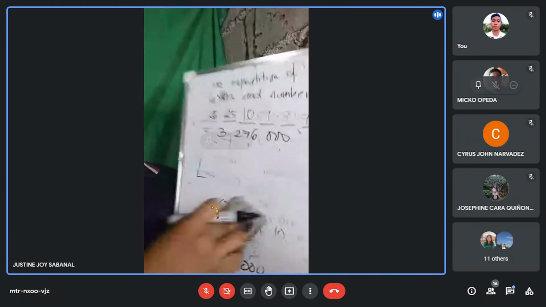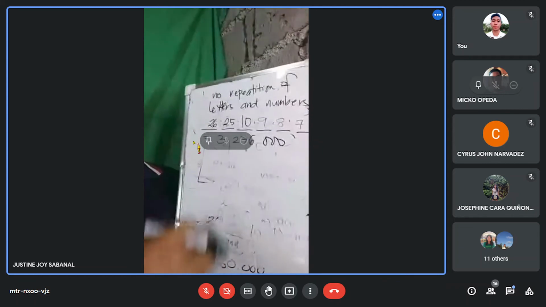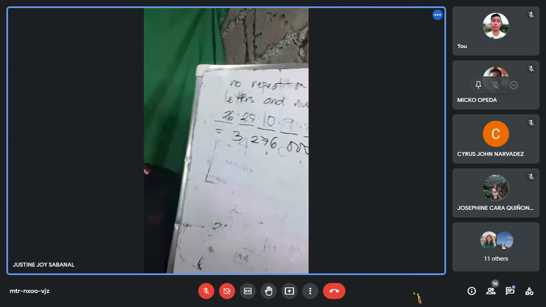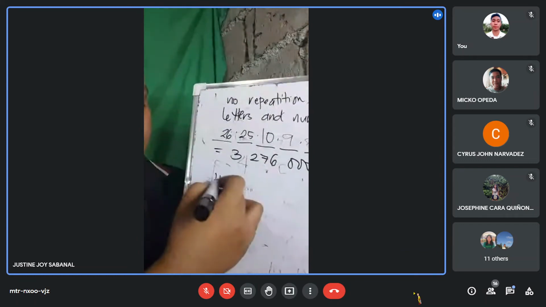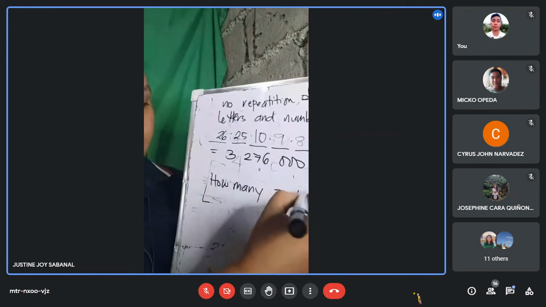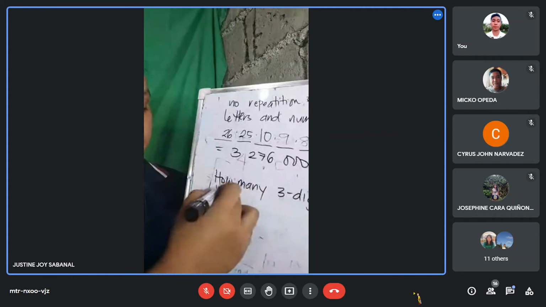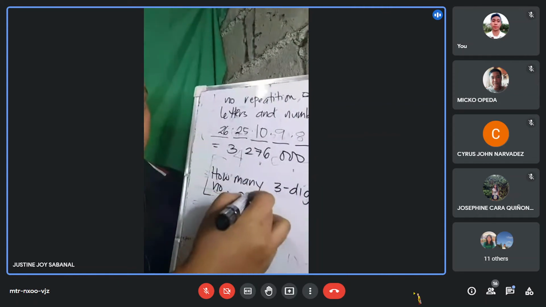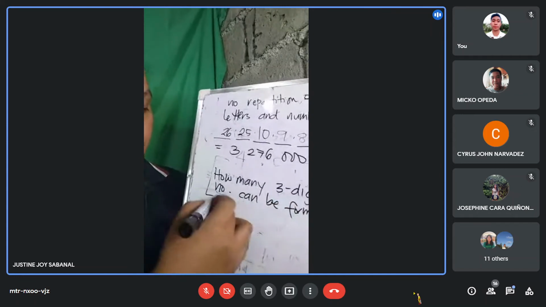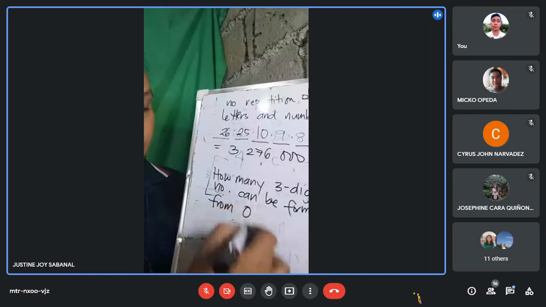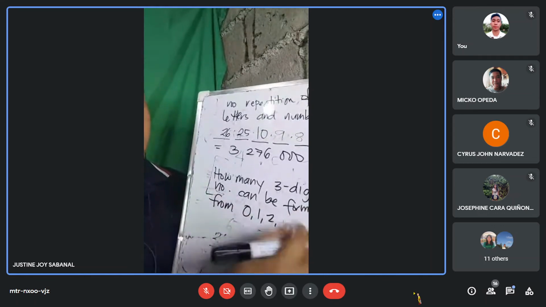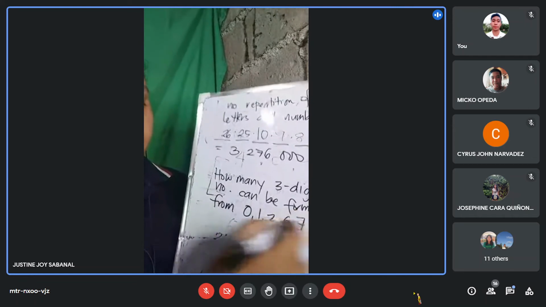So, how about the case if kunwari yung kino-consider natin is this. So, how many three-digit number can be formed from 0, 1, 2, 6, and 7?